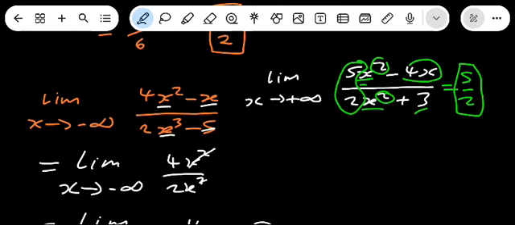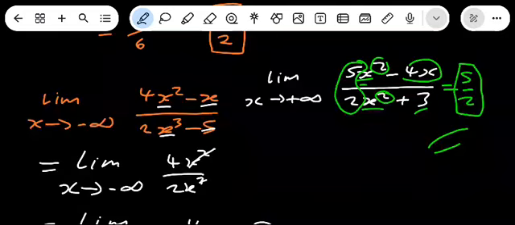Then you can do it manually: you divide throughout by the highest exponent, which is x squared, and you will obtain the final answer 5/2. This is how you do these questions.